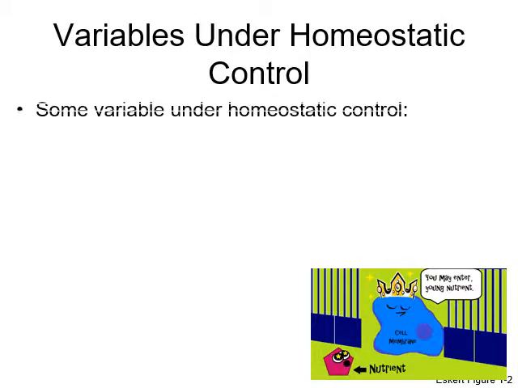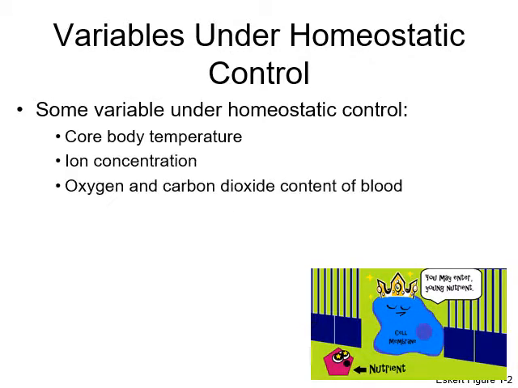So if we were in an actual class setting, I would have you guys group together and come up with some values that you think your body keeps homeostatic. Some we've already talked about, like core body temperature. We'll see ion concentrations in the blood and also inside and outside the cells.